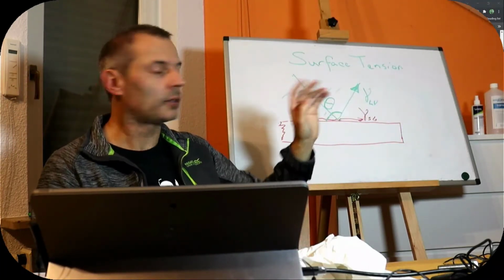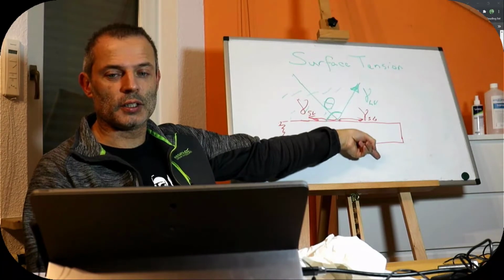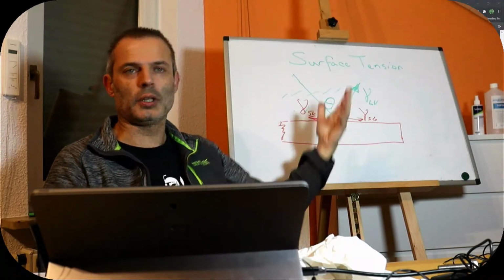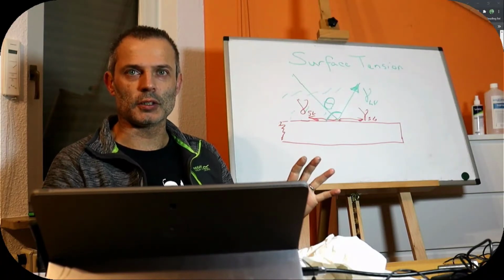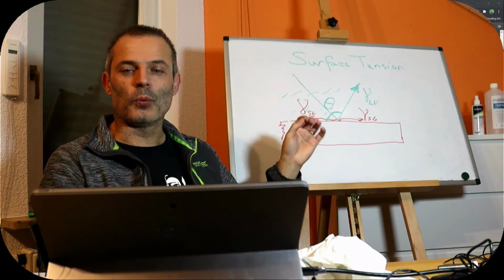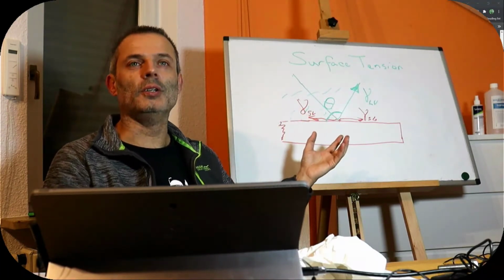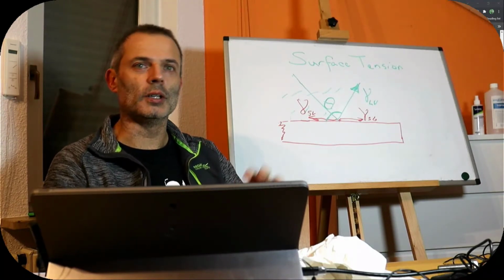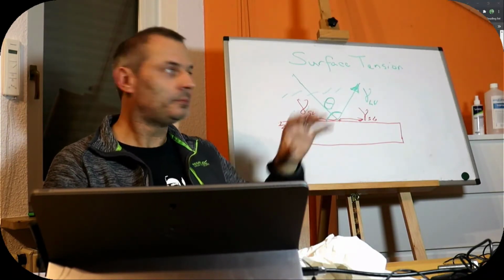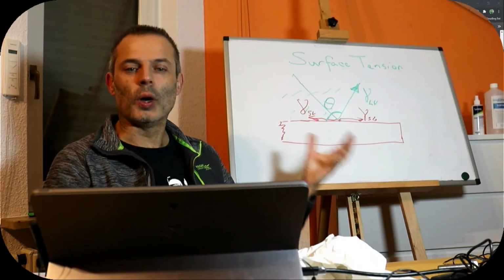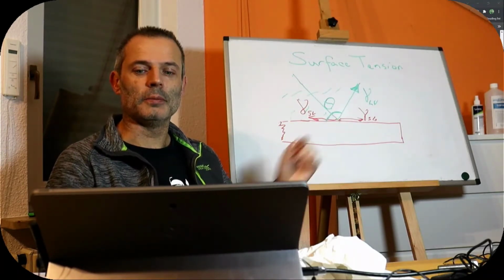What it doesn't work out is if we go over 180 degrees or less than 0 degrees, because then we're inside the solid, so then it doesn't have physical significance. We always have to consider whether our equation that we're using loses physical significance at some point, and in this case, above 180 degrees and less than 0, that half a circle inside the solid is not always relevant to reality.